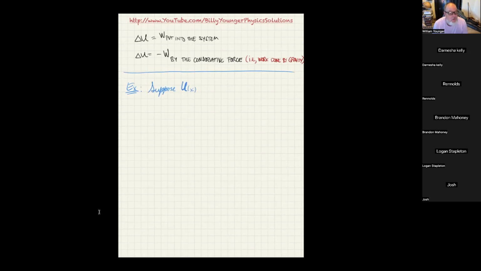So u is the potential energy function, is equal to negative ax over b squared plus x squared, where a and b are constants. What is the conservative force?